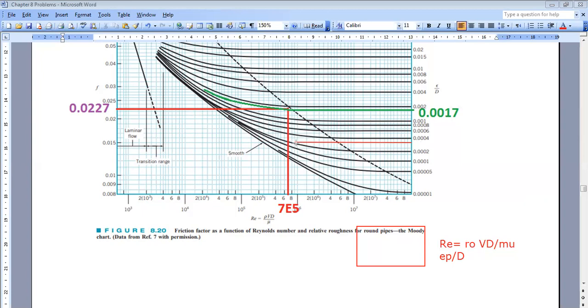If you take the flat curve to the end, you see what the corresponding value of f is: f is 0.015.